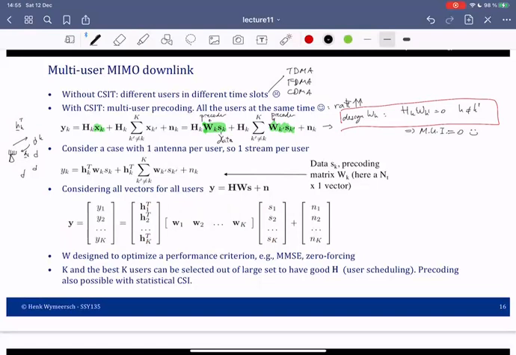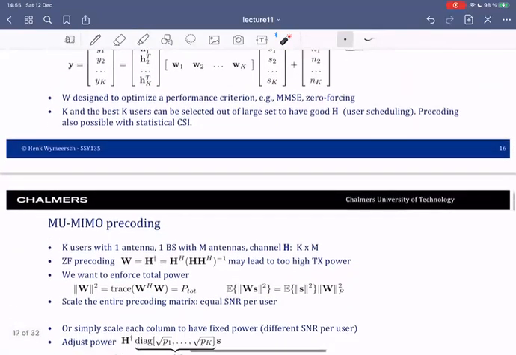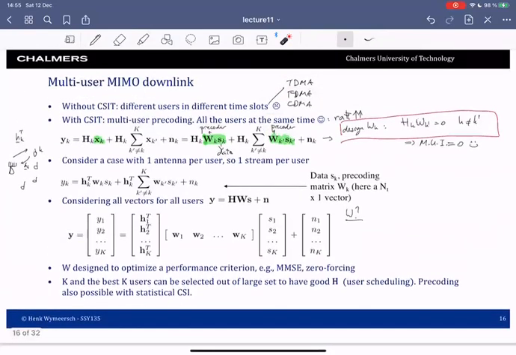And now the question is how to design W. How can we choose a W that makes sure that this constraint is met? Here we could do this using any performance criterion, such as zero forcing. So we want W, for instance, such that H times W is equal to an identity matrix.